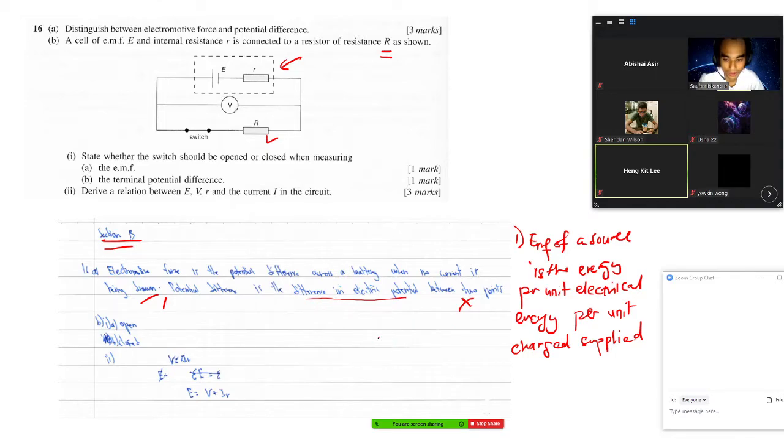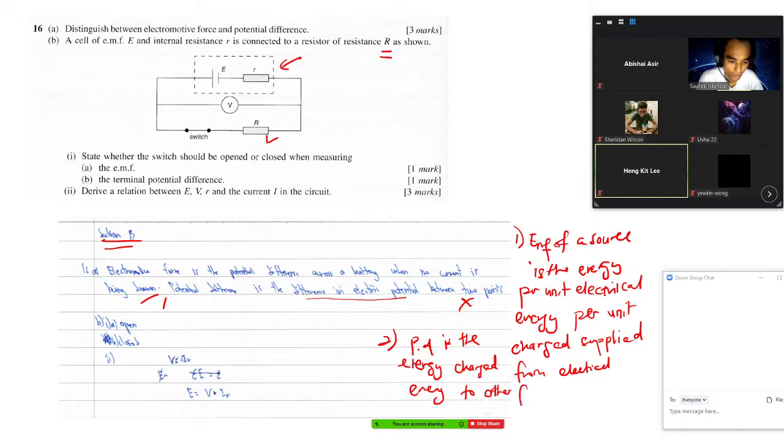Another thing, if you want to talk about the potential difference, PD: potential difference is the energy change from electrical energy to other forms of energy per unit charge.